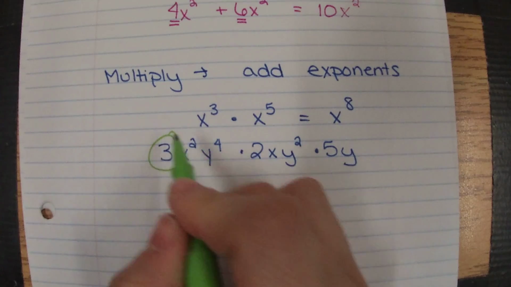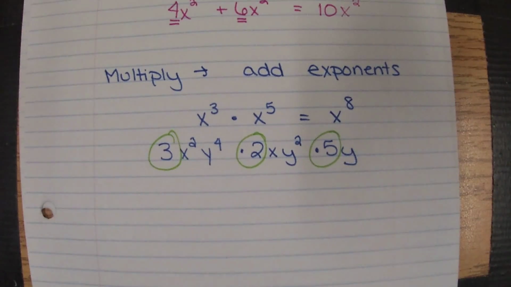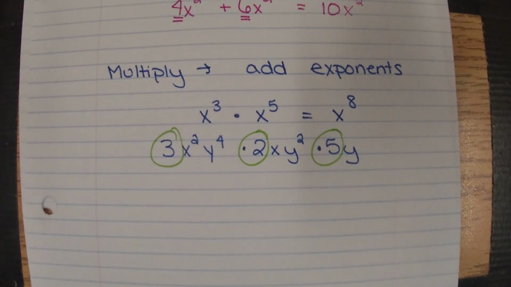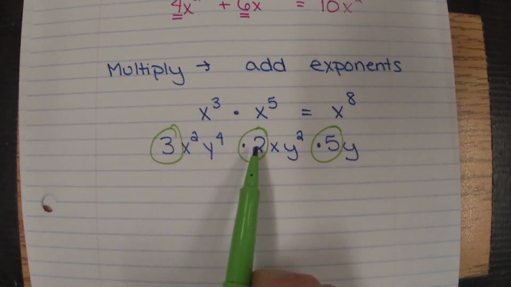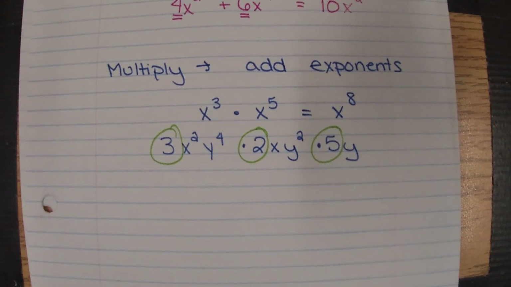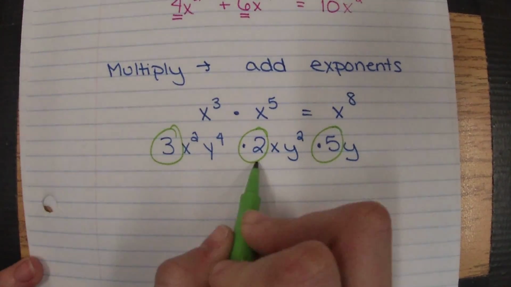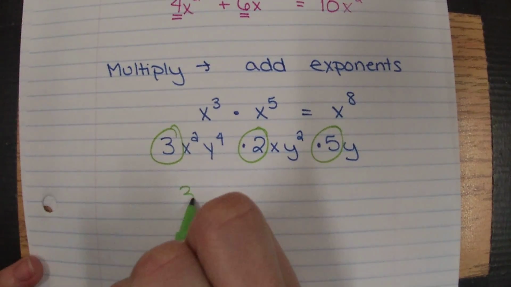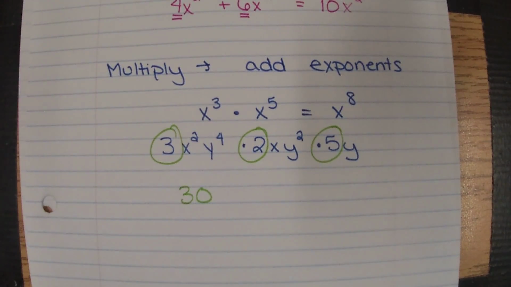So we have coefficients in multiple places. Because those are coefficients, they function under our normal rules, and we will just multiply 3 times 2 times 5. You can do it in a calculator or in individual pieces. 3 times 2 is 6, 6 times 5 is 30. Then we will move on to the next like thing.